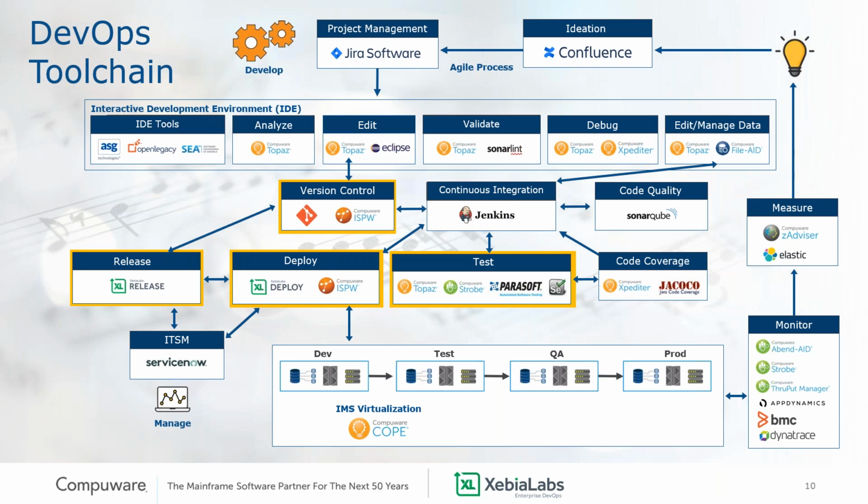But before doing that, let me show you a general DevOps toolchain slide that we in Compuware use to show how Compuware products, together with our partners' products, fit perfectly into a modern DevOps development pipeline.